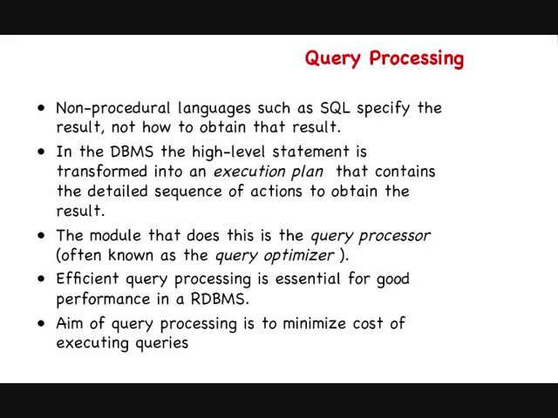If the DBMS can't do its query processing decently, then it'll run like treacle and will not be very useful to anybody for anything. So within the database management system, it's trying to figure out how best to do things. So we're trying to minimize the cost of executing queries.